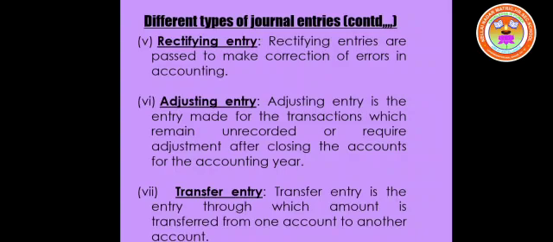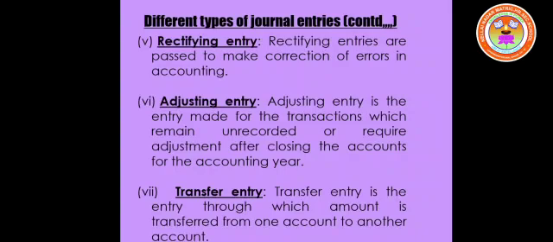Adjusting entry is an entry made for the transactions which remain unrecorded or require adjustment after closing the accounts for the accounting year. We have one separate chapter for this also. Transfer entry. Transfer entry is an entry through which amount is transferred from one account to another.